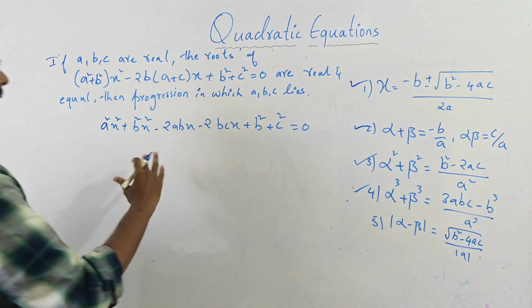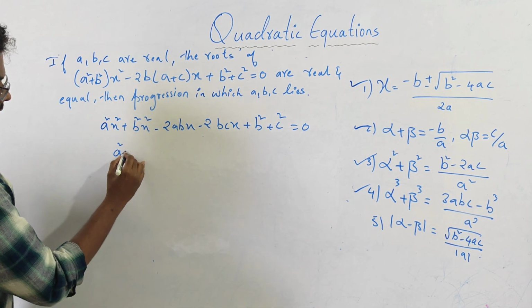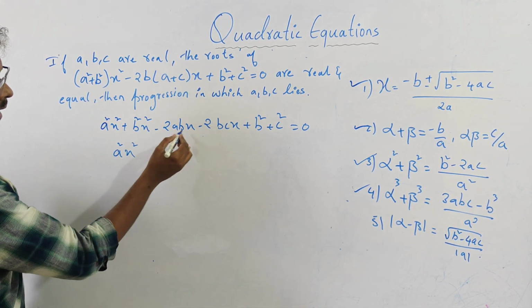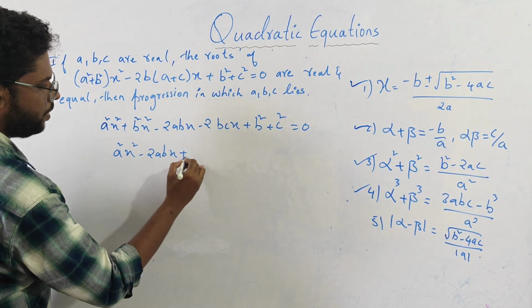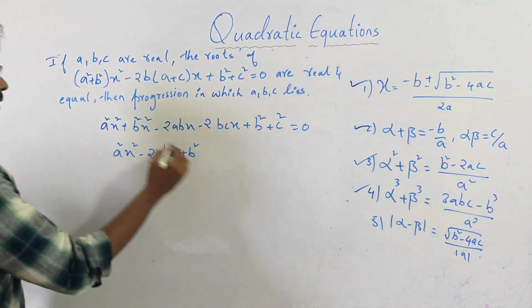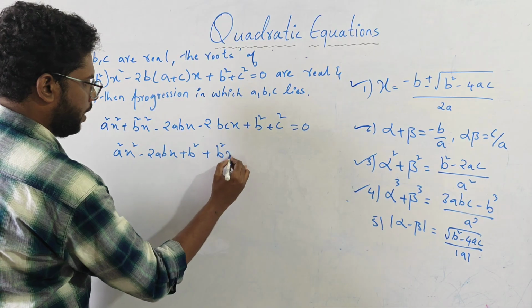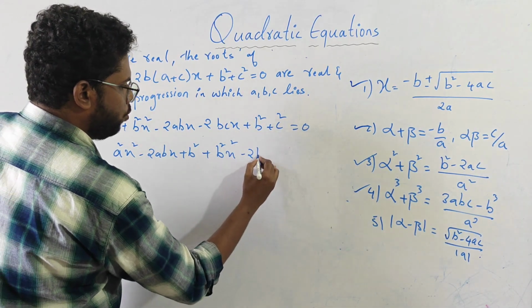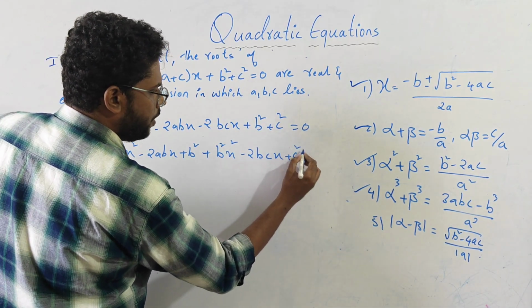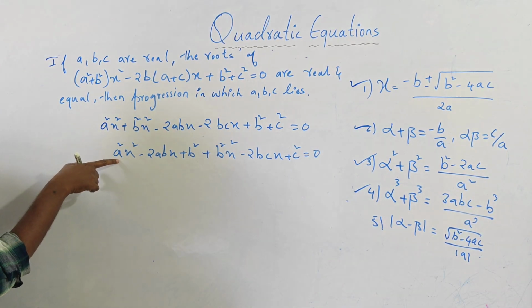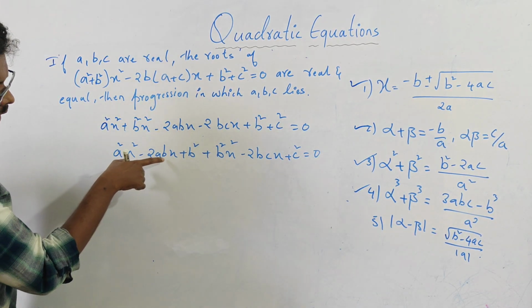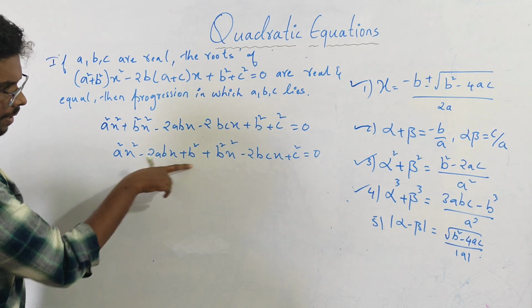Now see, one pattern is forming. Look here, a square x square, minus 2abx, plus b square. Now this plus b square x square minus 2bcx plus c square, which is equal to 0. Now if you look here, we are getting one formula: a square minus 2ab plus b square is nothing but (a minus b) whole square.